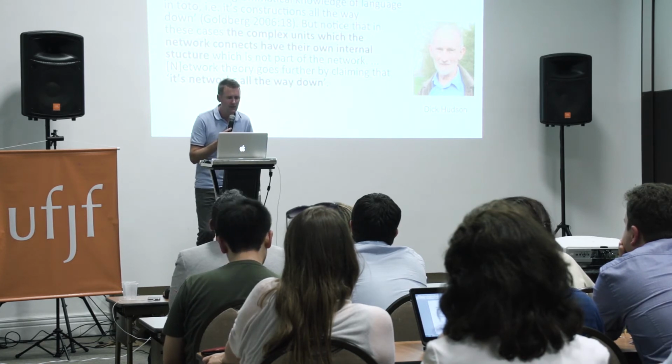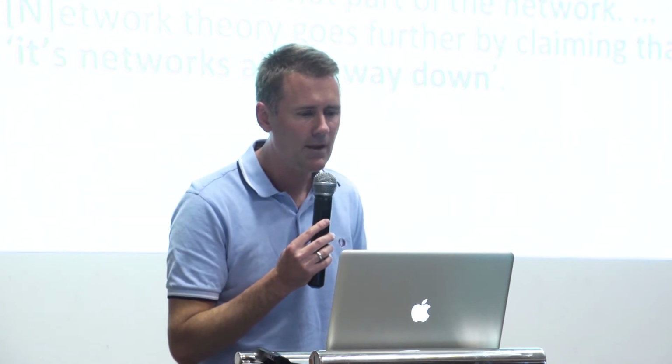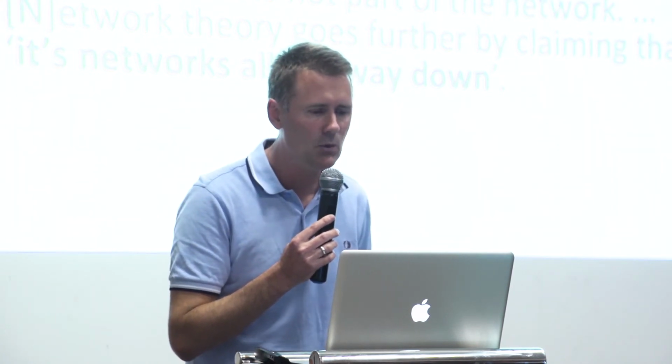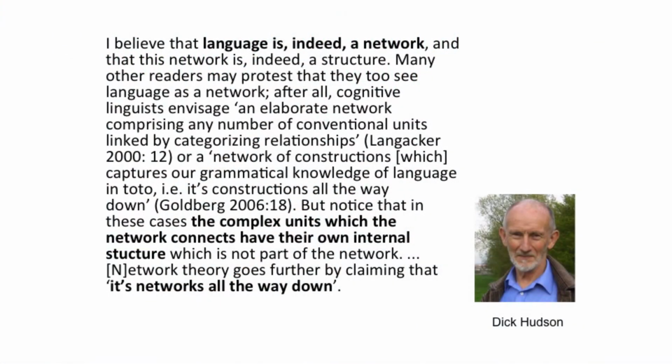But notice that in these cases, the complex units which the network connects have their own internal structure, which is not part of the network. They're the fat nodes that are really something extra, not a network. Network theory goes further by claiming that it's networks all the way down.